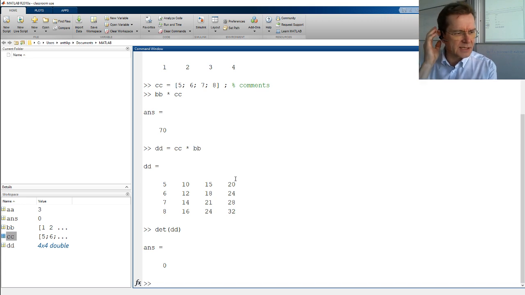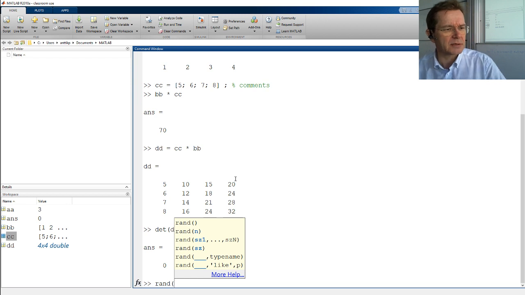Okay. What else? Then random numbers. Random numbers can be generated by rand. If you just leave it like that, it starts showing you the forms. Maybe I get some more help.